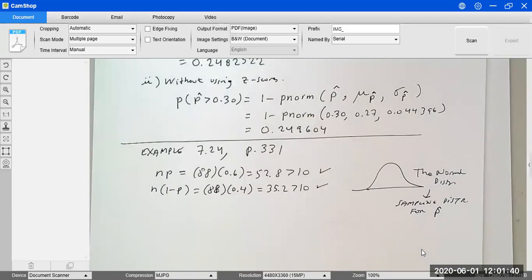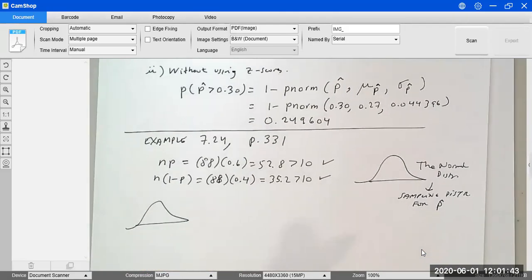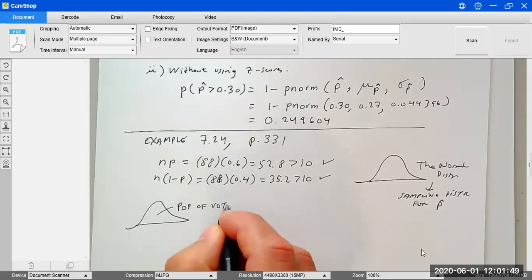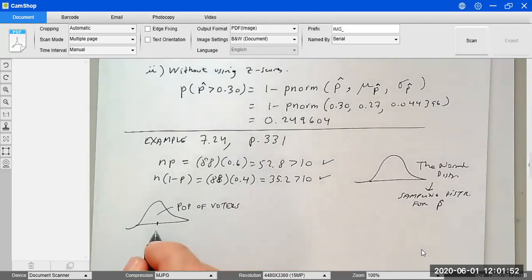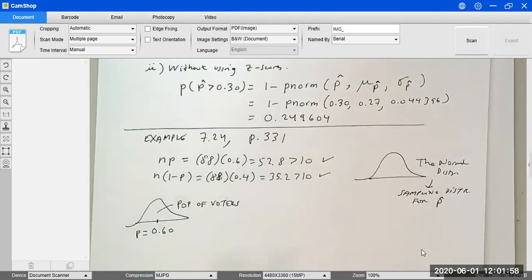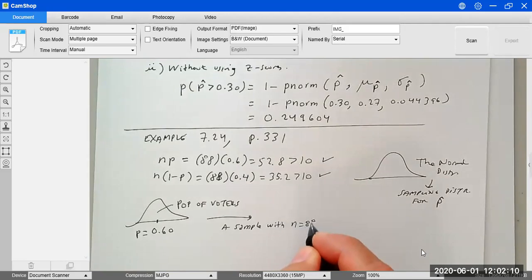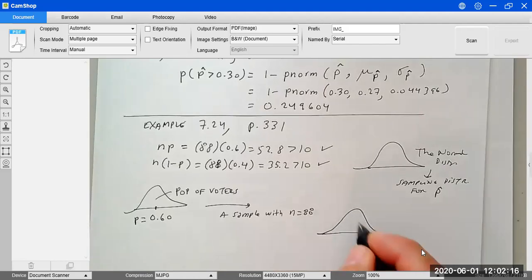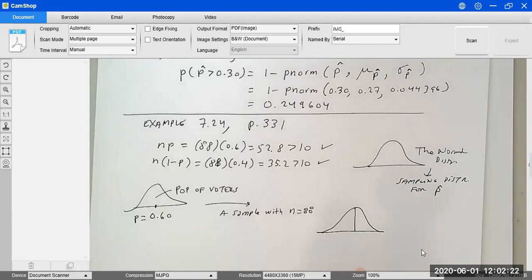So we know that there is a population of voters, and the proportion of the population that voted in the last presidential election is 0.6, and we collected a sample with size equals 88, and we want to know if it's unusual that half of the population voted.